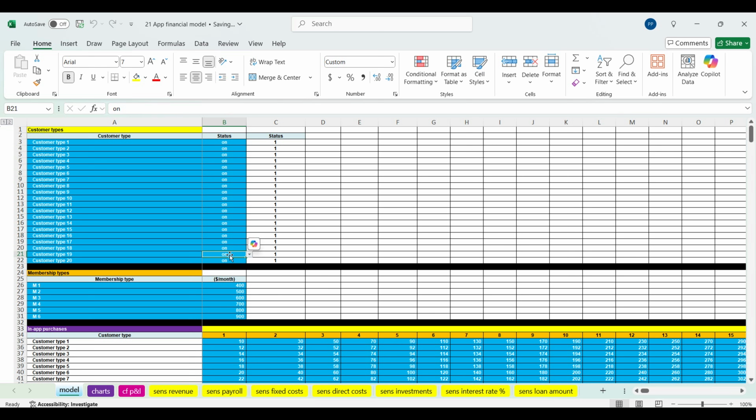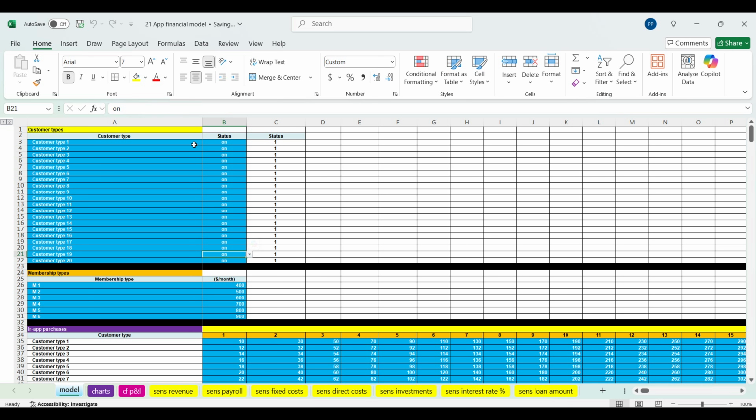They use your app differently. Some of them make internal purchases, some do not. Some have a different intensity of internal purchases. There are a lot of parameters that affect their behavior, and you need to be able to switch them on and off to see how different types of customers affect your business concept.